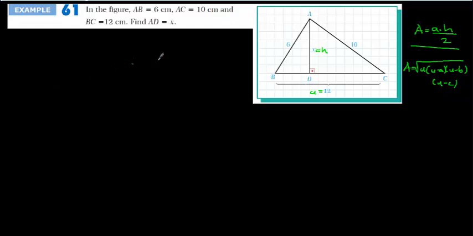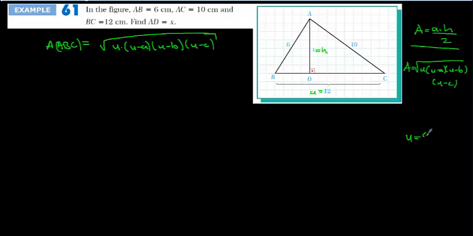What does it mean? If I find the area of the triangle ABC by using Heron's formula, it's going to be equal to root of u times u minus a times u minus b times u minus c. So u is equal to a plus b plus c over 2, which is 12 plus 10 plus 6 over 2, which is 28 over 2.